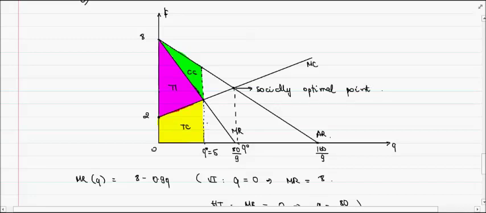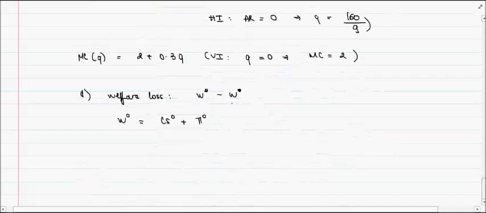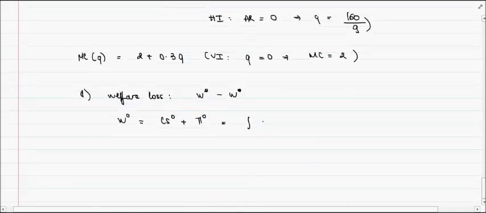Okay, so again, the consumer surplus is just going to be the integral between the average revenue and marginal revenue, just like before, times dq, where the quantity is in the interval from 0 to q0. And the firm's profit, again, is just going to be the integral of marginal revenue minus marginal cost.